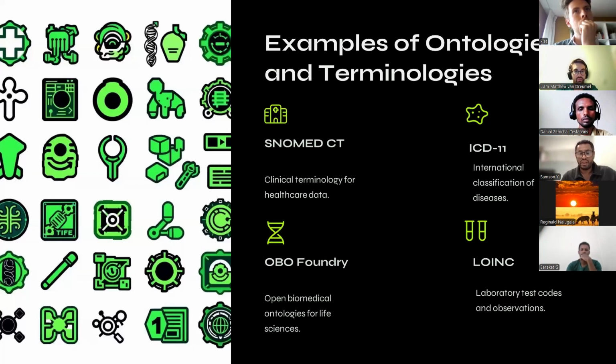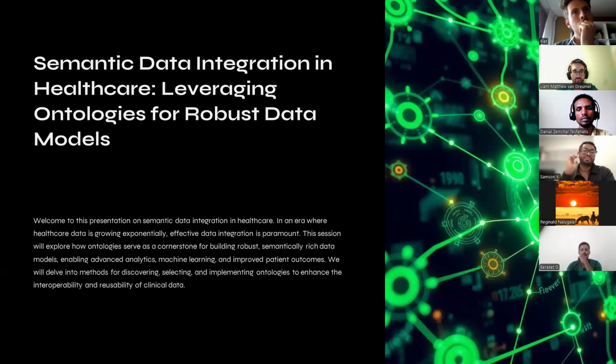In SNOMED and OBO Foundry, you find lots of clinical terminologies for healthcare. ICD-10 used to be a simple vocabulary. It's not a full ontology yet, but it is moving towards ontology. The same is true with LOINC.